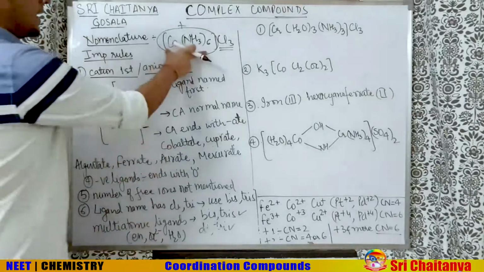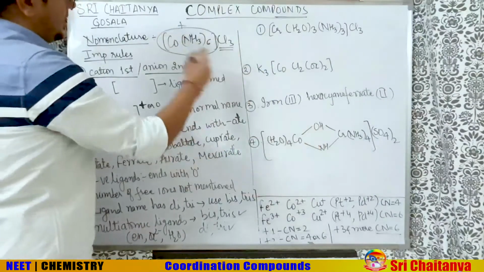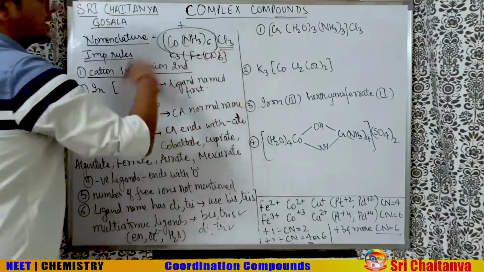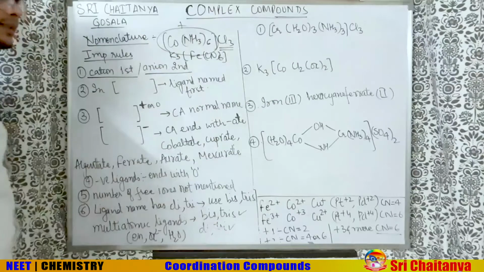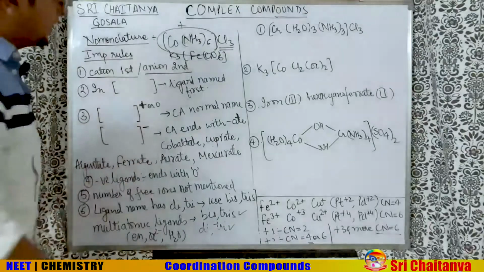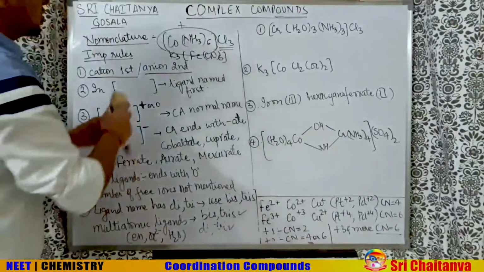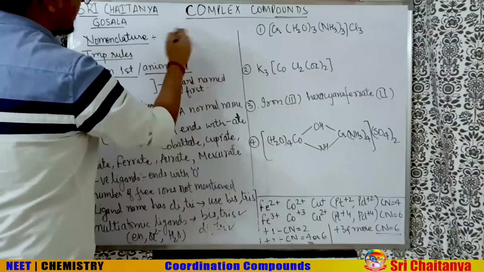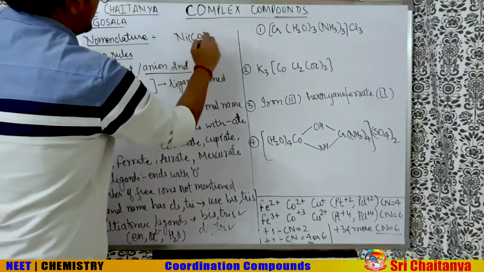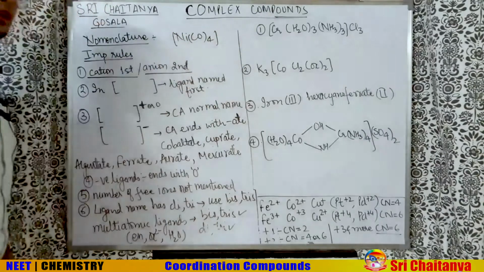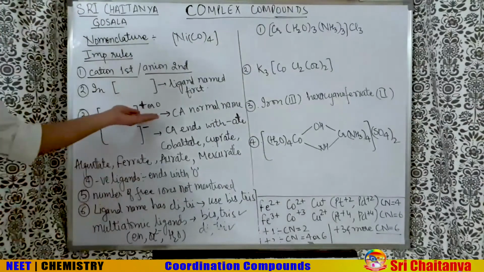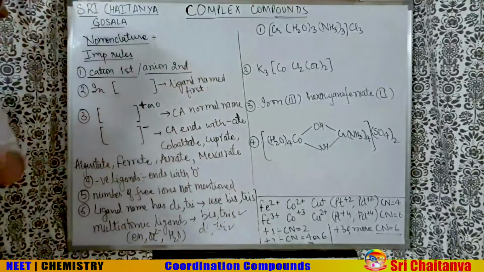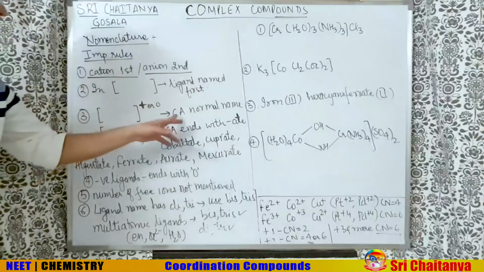If the complex box comes on the right side, for example K3[Fe(CN)6], then the box has a negative charge. And if there is no free ion and no charge written, for example Ni(CO)4, no charge on the top of the box, no free ion, then it's a neutral complex.